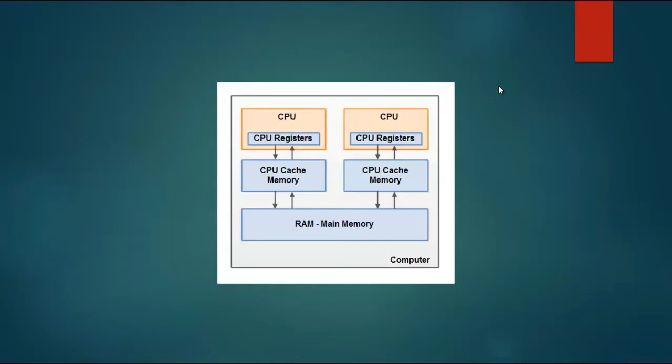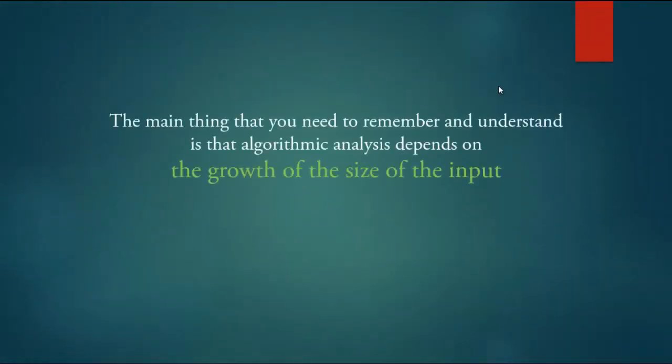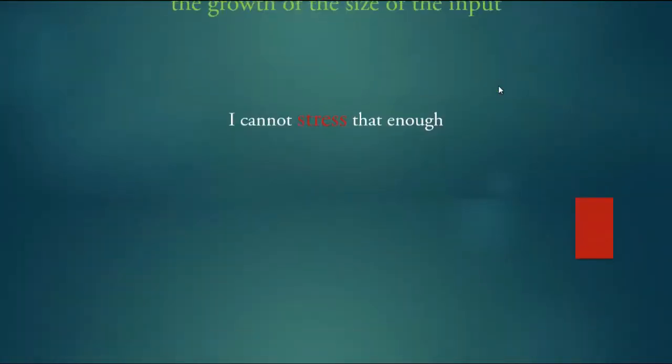Some sophisticated models of computers take these issues into account, but it's often good enough to just assume that all variables and array entries are in the same memory and they all take the same amount of time to access, hence constant time. The main thing you need to remember and understand is that algorithmic analysis depends on the growth of the size of input. I cannot stress that enough.